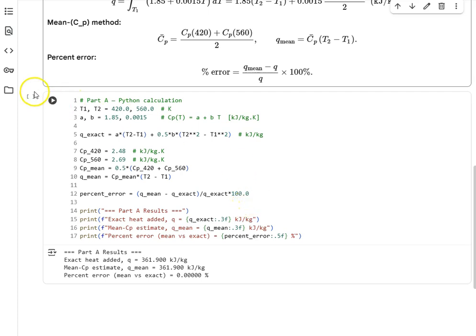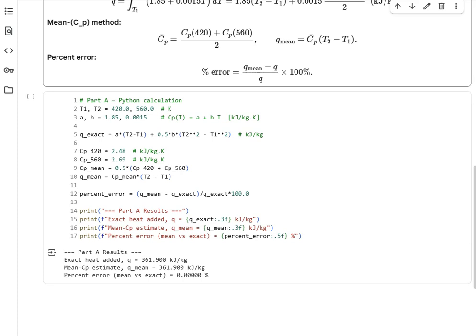So now if I run the calculation, Python performs the integration automatically and prints out the result. It calculates the exact heat added as 361.9 kilojoules per kilogram. Then we use the mean Cp method for comparison. We know the Cp at 420 Kelvin is 2.48 and the Cp at 560 Kelvin is 2.69, find their average and multiply it by the temperature difference.